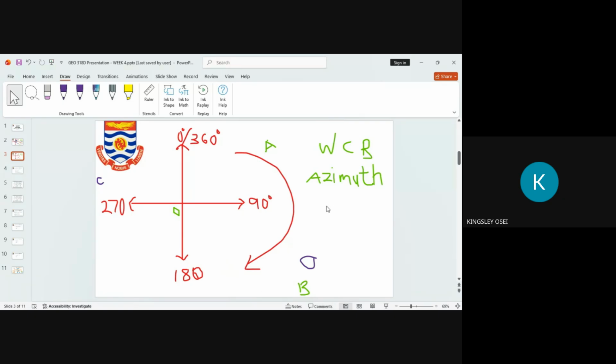Then let me give you two lines. The first line that we are going to deal with is line OK. We are starting from O as the source, and I'm going to end with K. That's the designation, the final point. Let's say OK is equal to bearing 165.